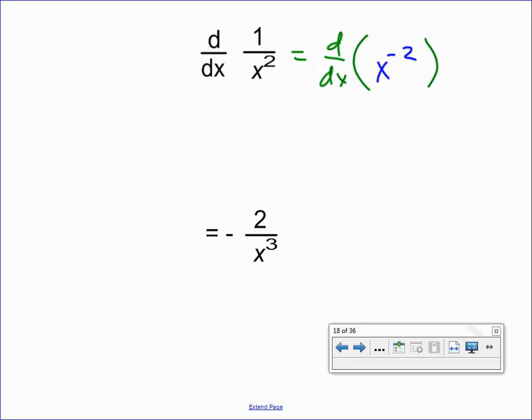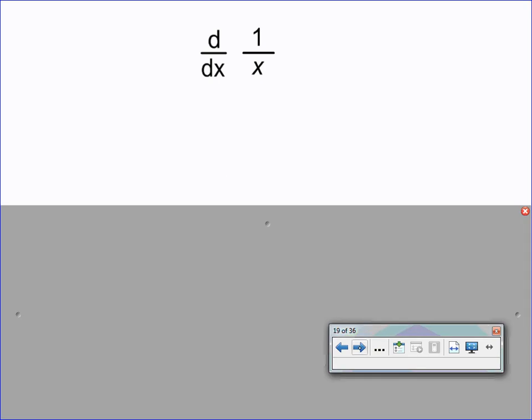So you guys see how if we rewrite that as a negative exponent, then it helps to apply the power rule more easily. All right, get ready.